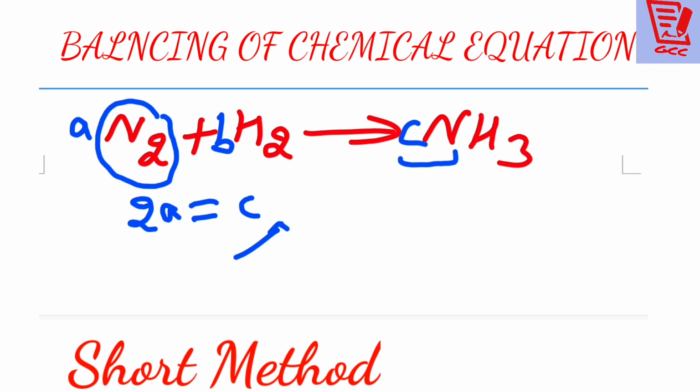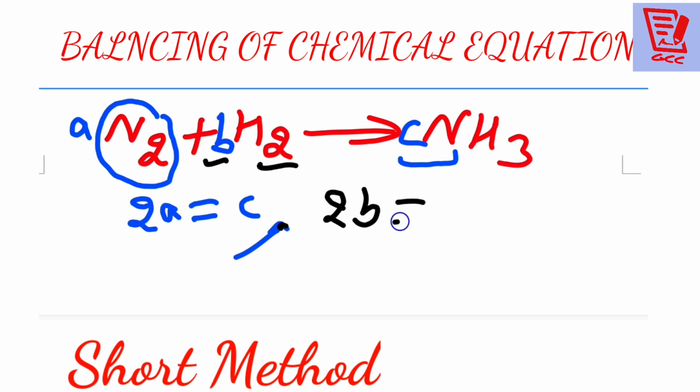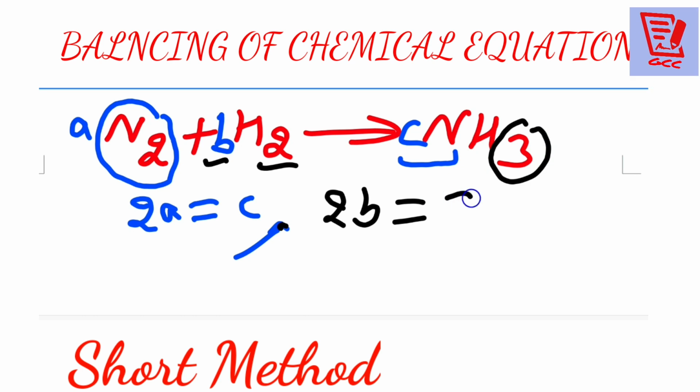Next is hydrogen. How many is there? Here is B, here is 2. So it becomes 2B equal to what? How many hydrogen? 3, and here is C. So it becomes 3C. Am I right? Yes or no? See, only nitrogen and hydrogen is there. That I have written there.